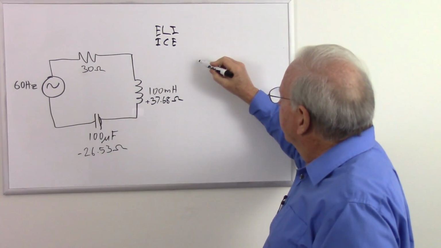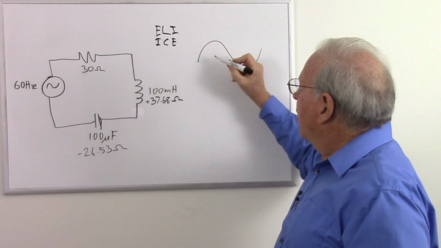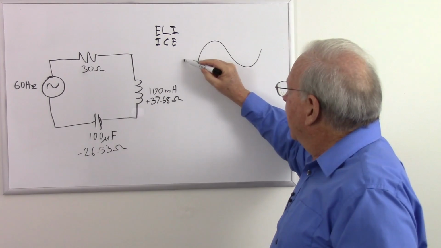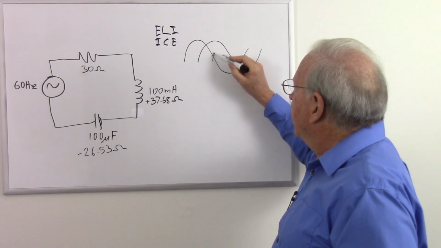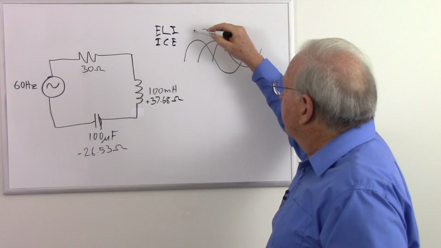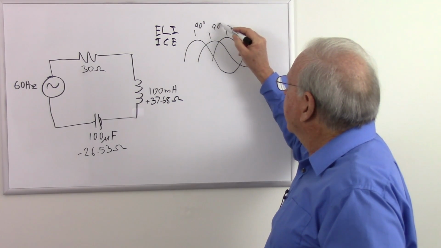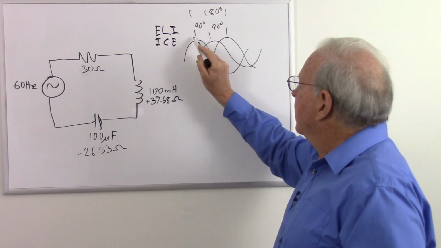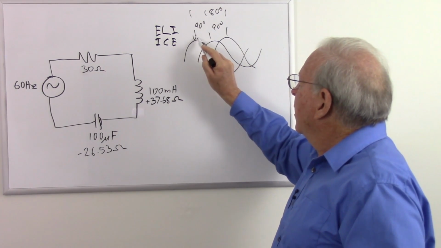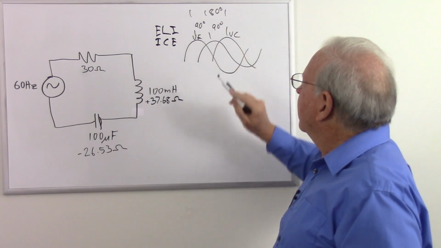So here's the current following the sine wave. The voltage across the inductor is going to be ahead of the current, and the voltage across the capacitor is going to be behind the current, and that's going to be 90 degrees for a total of 180 degrees between the voltage across the inductor and the voltage across the capacitor.